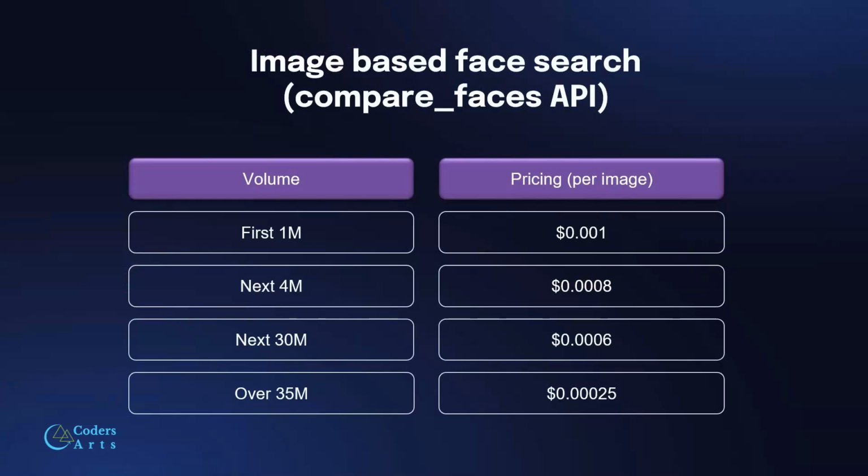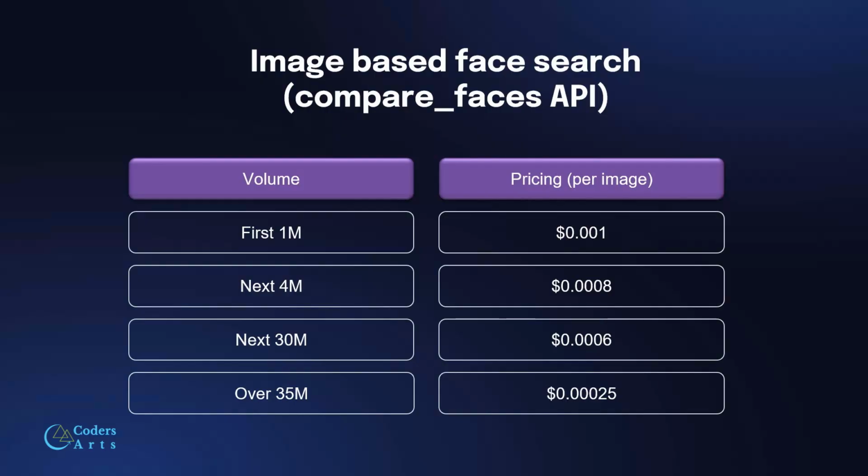For face comparison in images, which uses the CompareFaces API, pricing is very straightforward. It falls under Group 2 of Rekognition image pricing, and you are charged per image processed with tiered rates. Now, these tiers have been defined on a monthly basis. So, for the first tier, which consists of the first 1 million images, you will be charged $0.001 per image in a month.